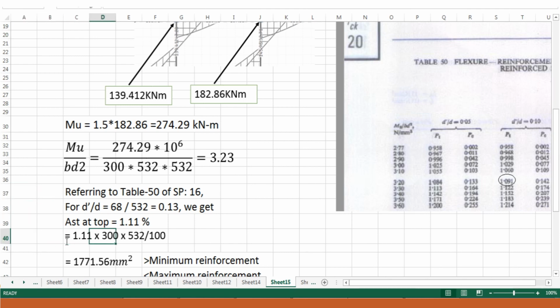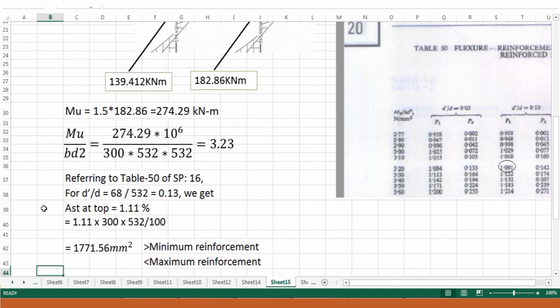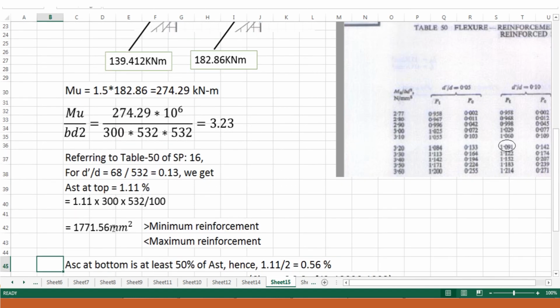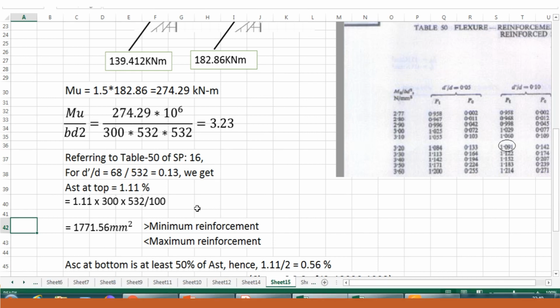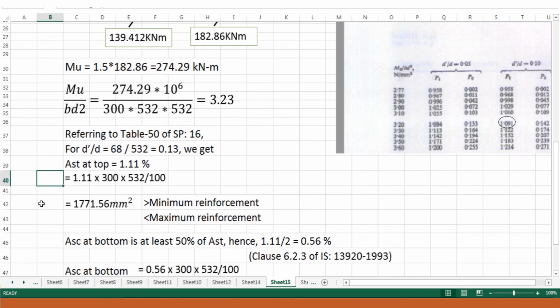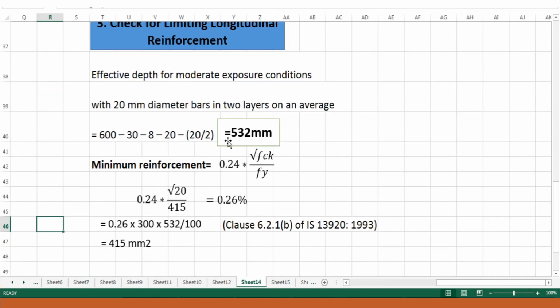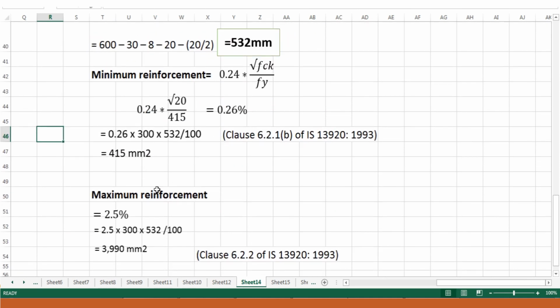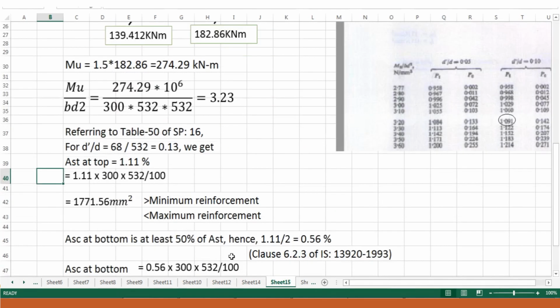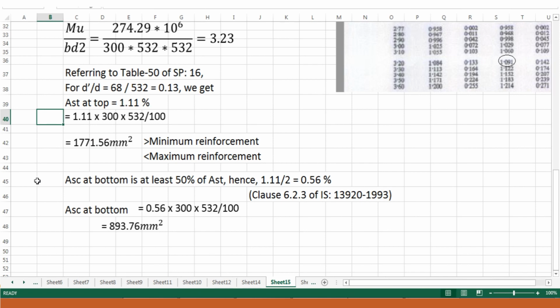Thereby this would be equal to 1.11 into 300 into 532 by 100. That would mean reinforcement of 1771.56 mm square. So it is greater than the minimum reinforcement that is needed, which was 415, and less than the maximum, 3990.